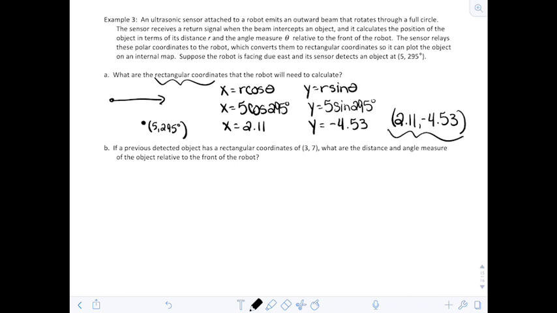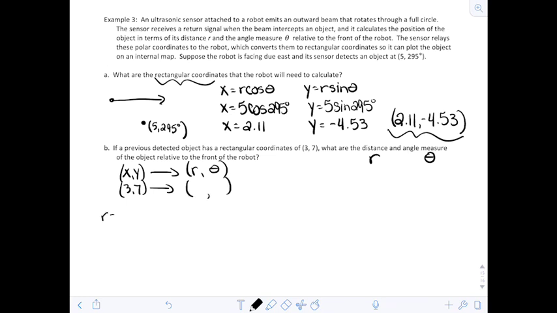Okay, question B says, if a previous detected object has rectangular coordinates of 3, 7, what are the distance, which would be r, and angle measure theta of the object relative to the front of the robot? So now we're going to take 3, 7, our x, y coordinates, and turn them into r, theta.